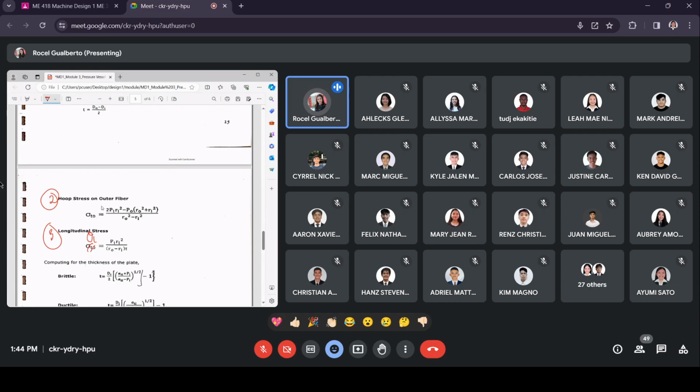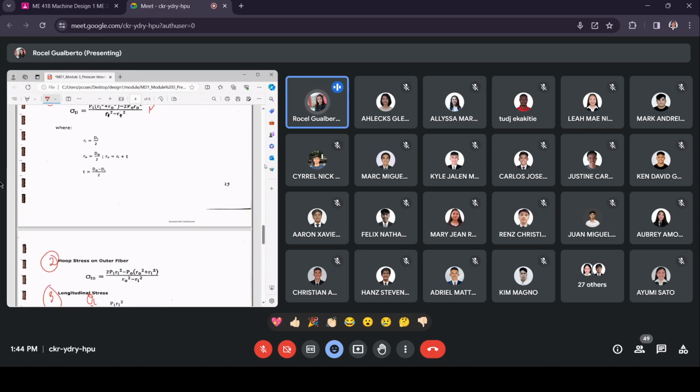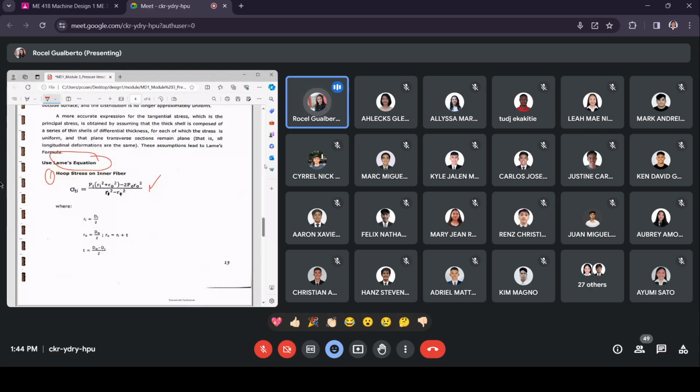For the hoop stress, 2 Pi Ri squared minus Po Ro squared plus Ri squared, so this would be the hoop stress on the outer fiber. And then the last one, hoop stress on inner fiber, Pi times Ri squared plus Ro squared minus 2 Po Ro squared over Ri squared minus Ro squared. So those are the Lame's equations.